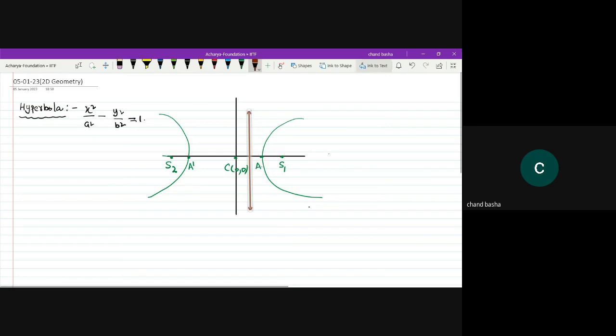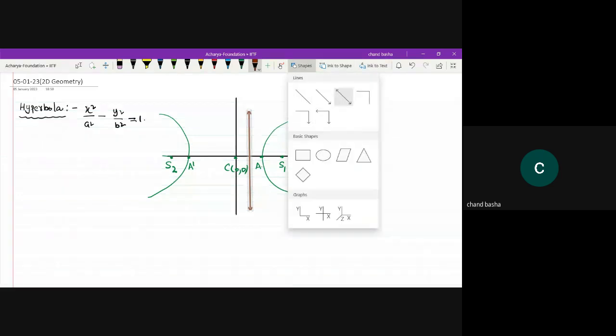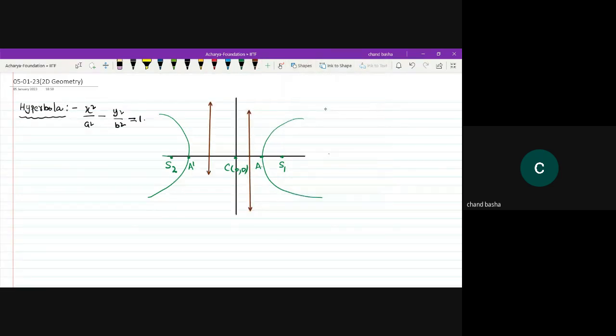For hyperbola, just as for an ellipse, you will get 2 lines. This is also one directrix. So these 2 lines are called the directrices of the given hyperbola. It is a directrix, and it is also another directrix.